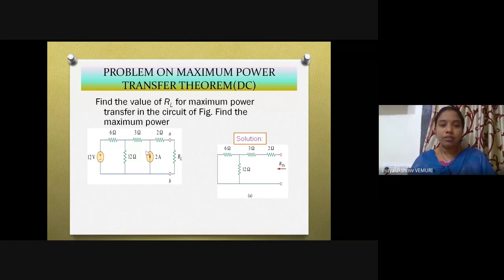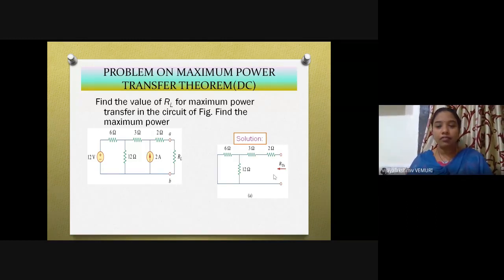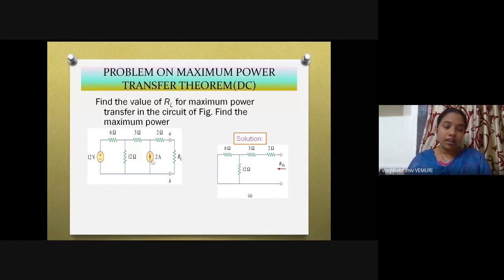So if you observe, whenever you are trying to find out R Thevenin, you need to deactivate the independent sources in the circuit. Deactivating independent sources means wherever you have a voltage source, you need to short circuit, and wherever you have a current source, you need to open circuit, isn't it? If you have internal resistances for those independent sources, you need to replace these two sources with their internal resistances.